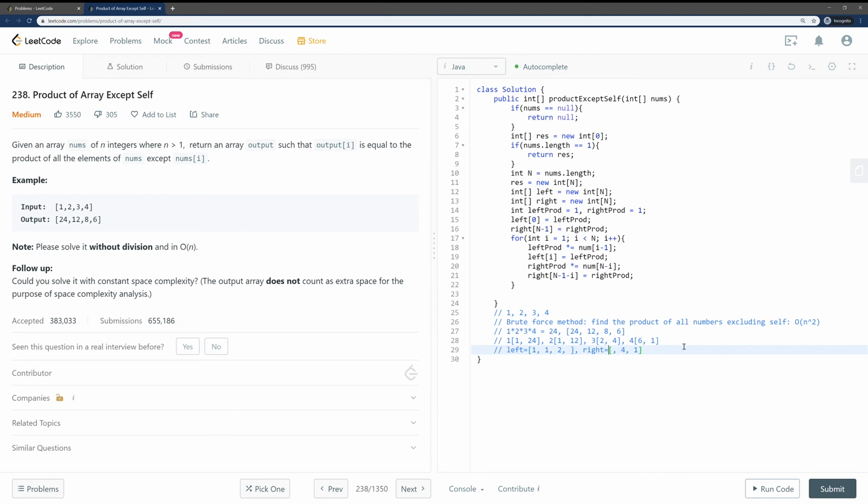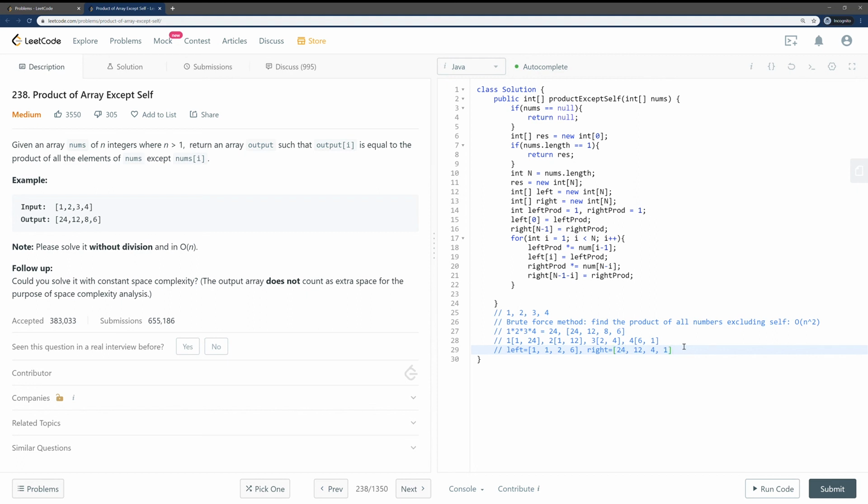These will be the last element, so these will be 4 multiplied by 3, that is 12. And the last value would be 3 multiplied by 2, that will be 6. And here these will be 24. So these are actually our left array and the right array.